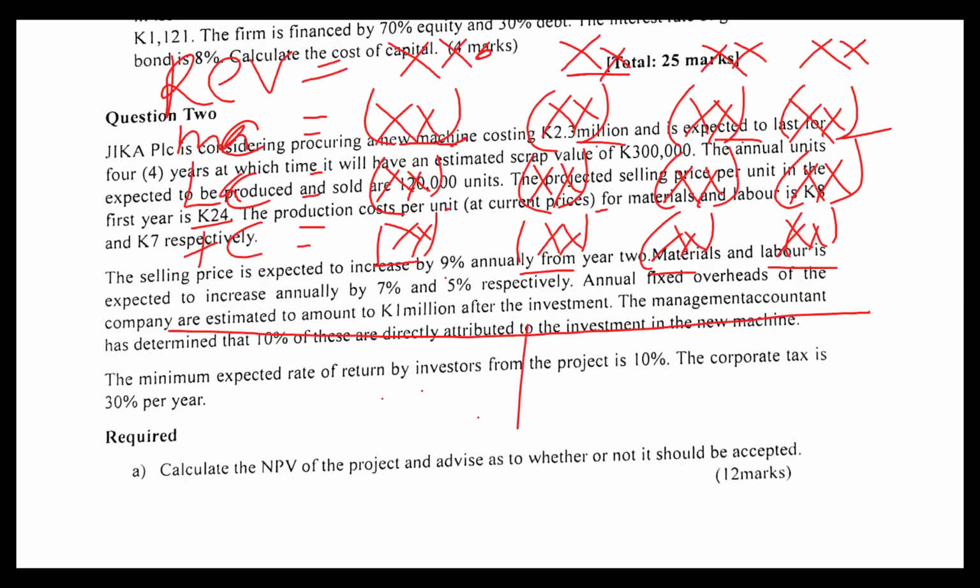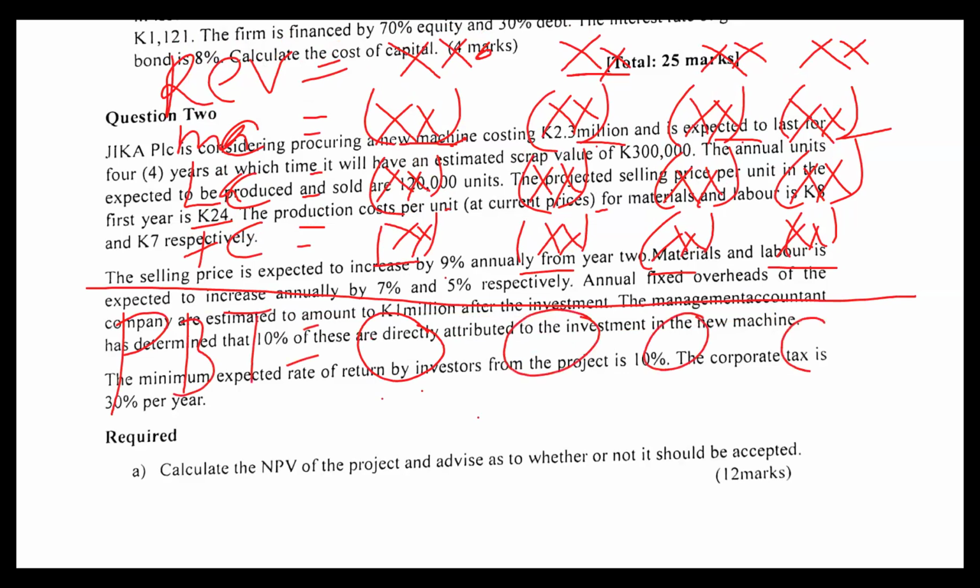That's good. So now listen carefully. This shows that when you do all these deductions up to here, what you have here is profit before tax, isn't it? That's profit before tax. Then from here, you deduct tax.